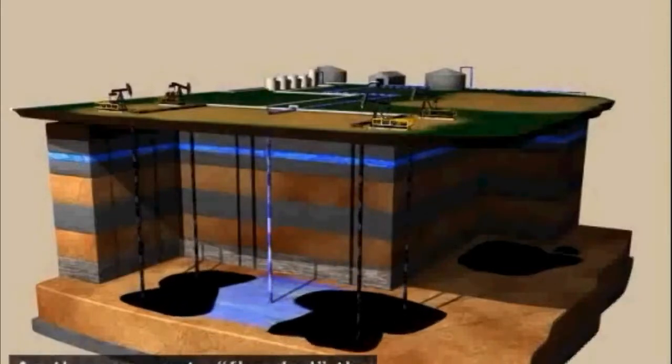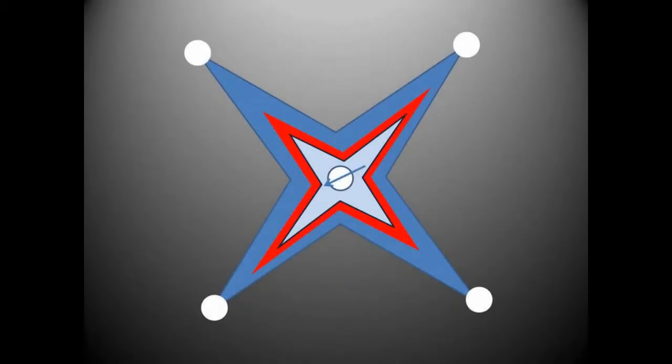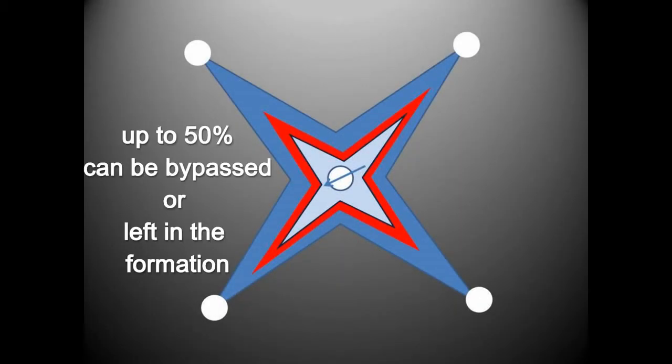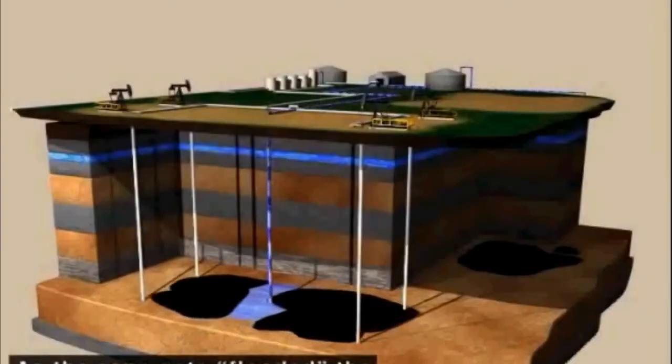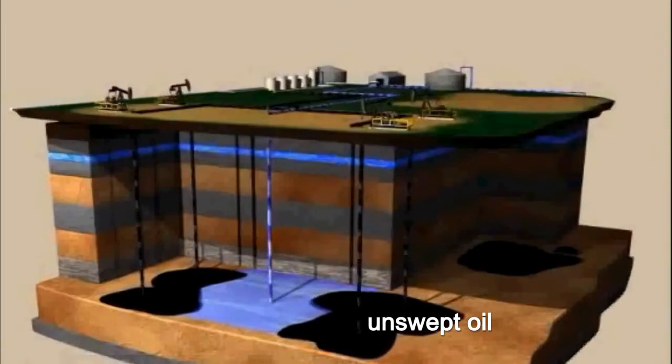Because of what is known as pressure drawdown, the pressure in the injector well is different than the pressure in the producing wells. Thus, the oil flows in an X-like pattern toward the 4 producing wells. Unfortunately, this can result in up to 50% of the oil being bypassed or left in the formation. Like I said before, this oil is referred to as unswept oil.